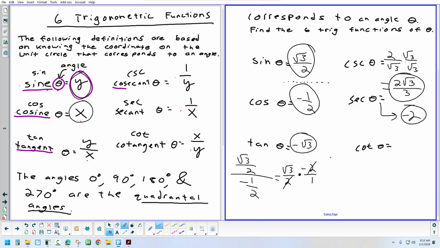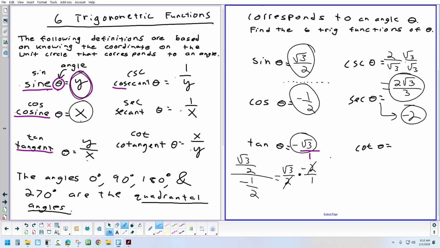Well, we have to flip this, but we don't have a fraction. If you want to make it a fraction, you can. What could you put in the bottom? Yeah, a 1. If it helps you because you don't have a fraction and you want to make it a fraction, put a 1. And Ruben, what's going to be my first step to get the cotangent? Take the x value divided by the y value.